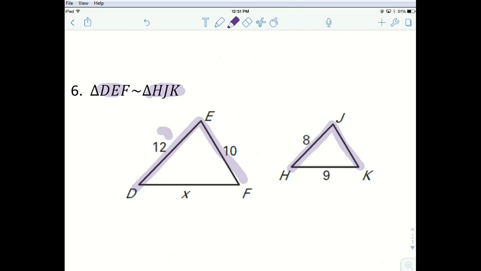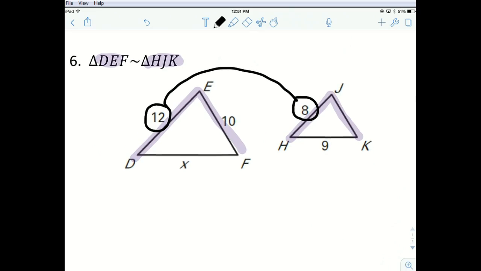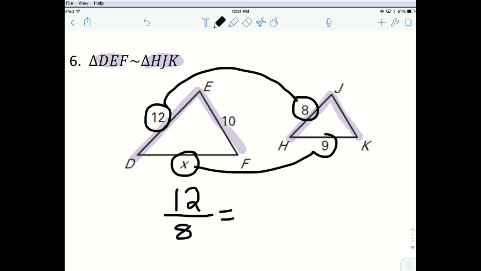I will start at my left triangle. That's a 12 right there. And I will map that to the same position on the other triangle, which is an 8. 12 over 8 will match up with, again, I will start on the left and I will say X matches up with 9. One last cross multiply.